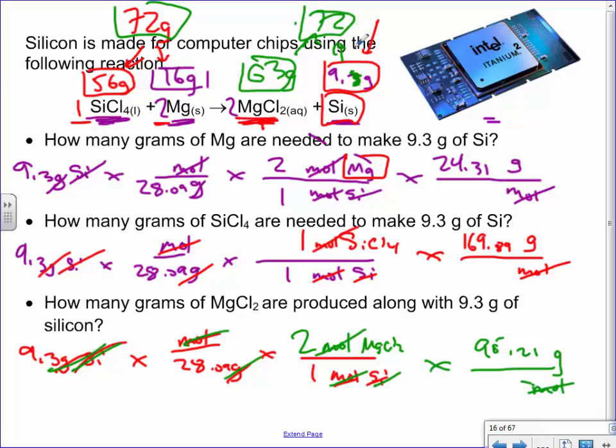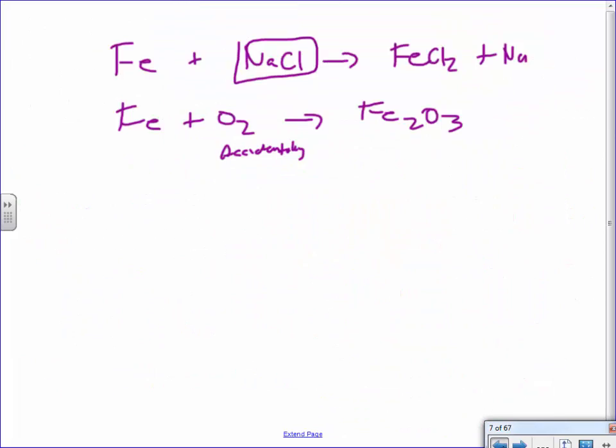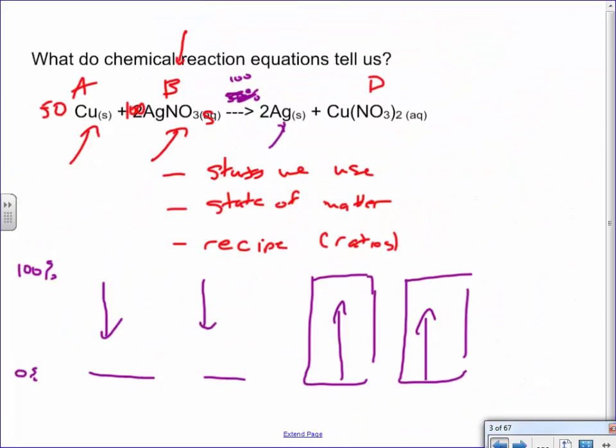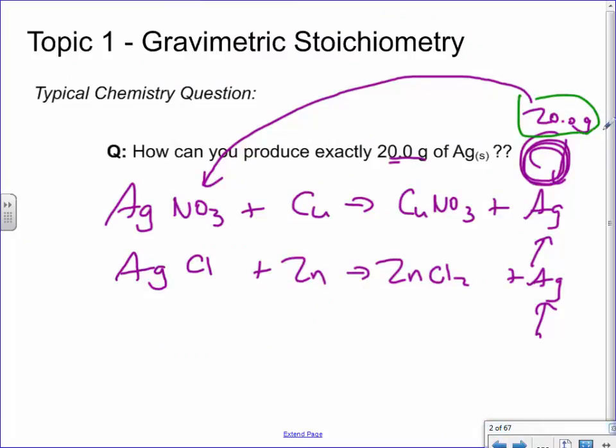So if I go right back to my first slide just to finish off this thought, let's say that you want to end with 20 grams of silver. The first thing you've got to do is find an equation that somehow produces silver by itself. And hopefully I kind of explained that it didn't really matter that this was a nitrate right here. It didn't really matter that this was a chloride right here. That doesn't really impact the point of the question for what we have. So if I have silver nitrate in my lab, I'd use it.